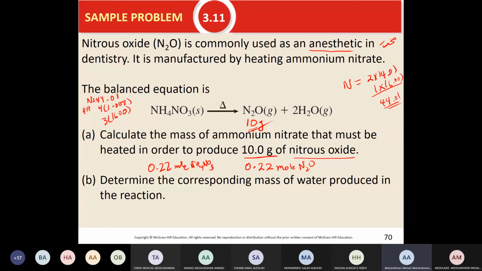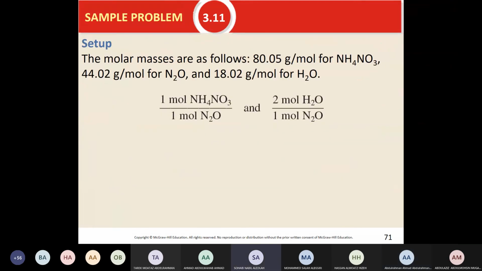Add these numbers together: 80.05. Who got the same answer? This means how many grams is this one? 17.61 grams. Anybody got the same answer? Yes, I got the same answer.